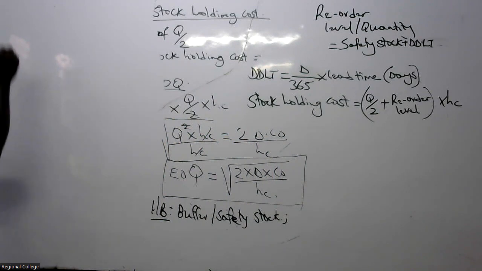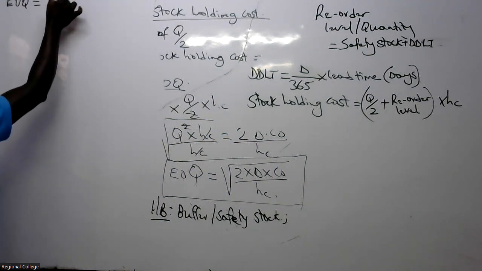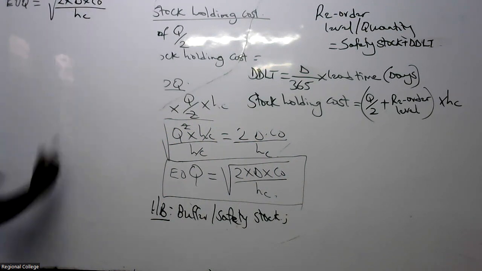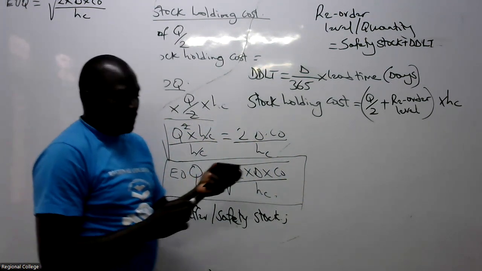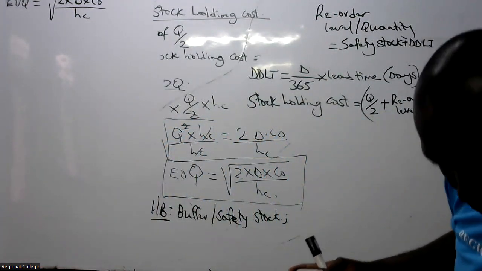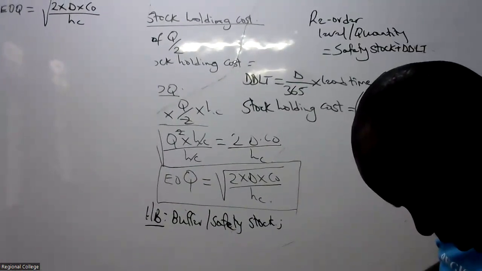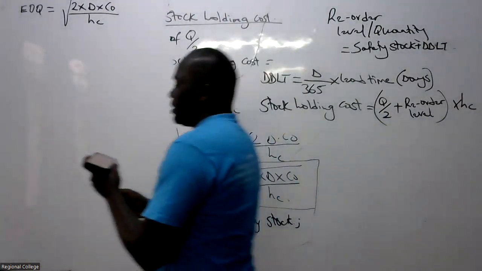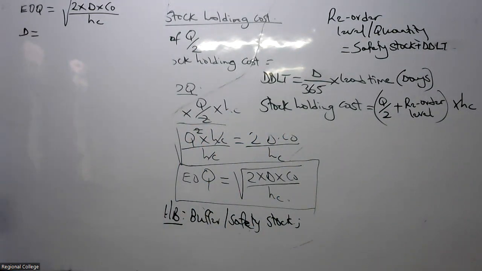So we tell them that Q equals square root of 2 times D times CO over XC. So you have our EOQ there. But we have our D. How many units?